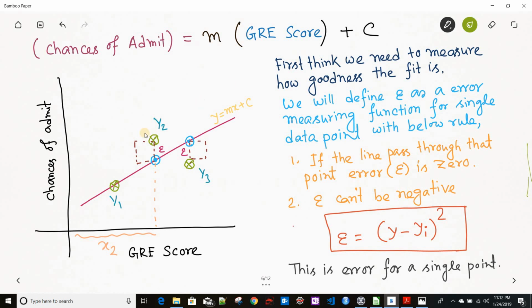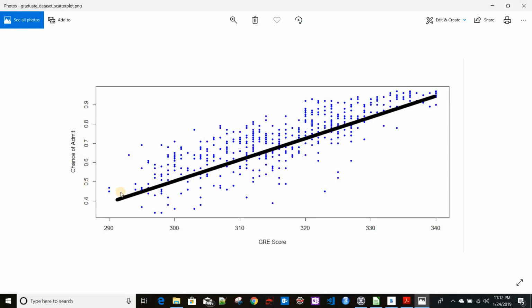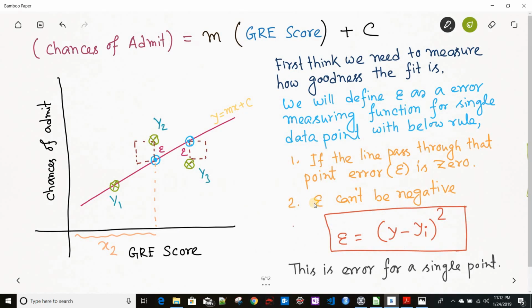Okay, so now I can fit thousands of lines to this data, correct? A line could be from here as well, here as well, right? So which one is the best line? Okay, so to do that, we need to come up with an idea of the goodness of fit, right? So basically we are trying to determine how good the line is fitting the data.